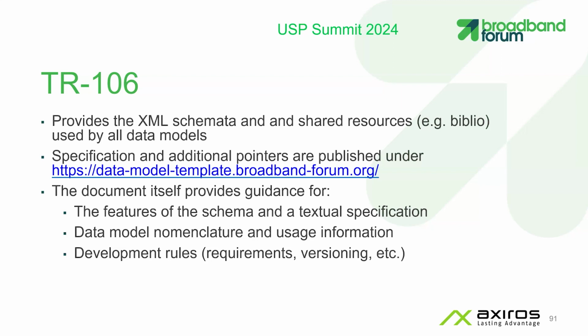So if we want to add an RFC, for instance, to a data model, we can simply refer to the RFC by number, and everything else is in the biblio. So you get a nice list of used references at the end of the documents, but that's all part of Tier 106, so we don't have to repeat ourselves in all of the different documents that are actually based on 106.